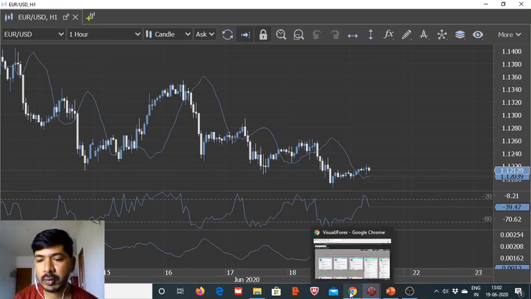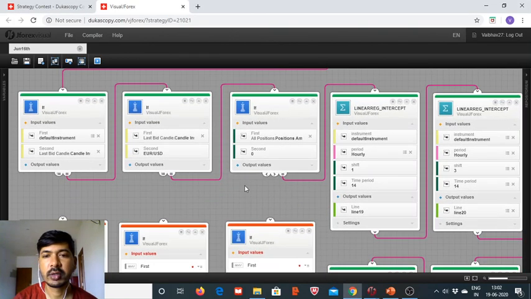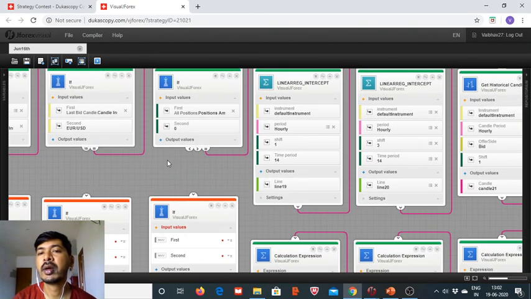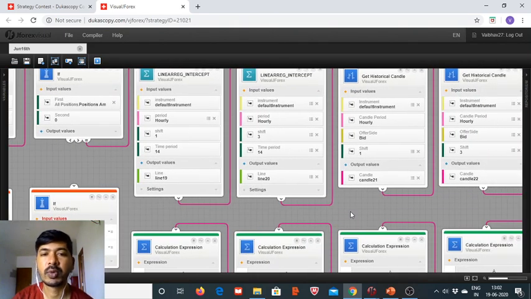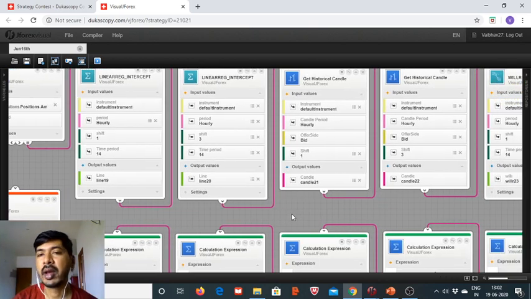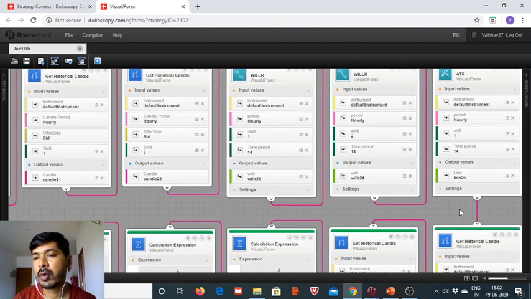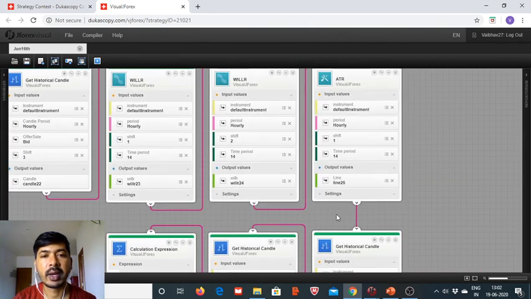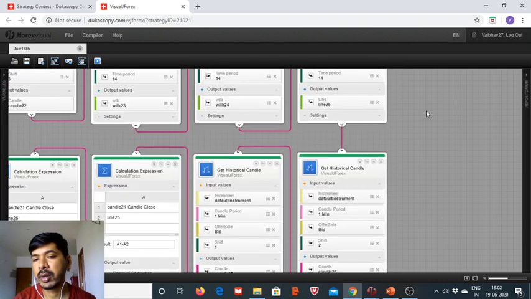So let us see what we have done so far. We have done the instrument subscription Euro USD, then we brought in the linear regression intercept values on hourly time frame, shift 1 and shift 3, and respective hourly close, historical candles, Williams R for helping us determine the strength of the trend, ATR on the hourly time frame.